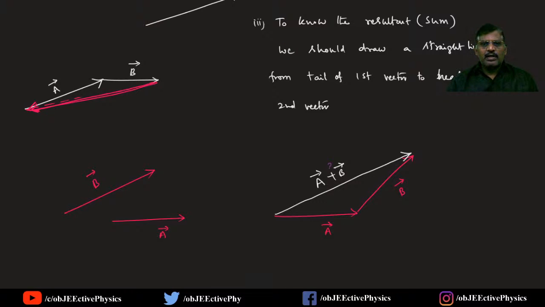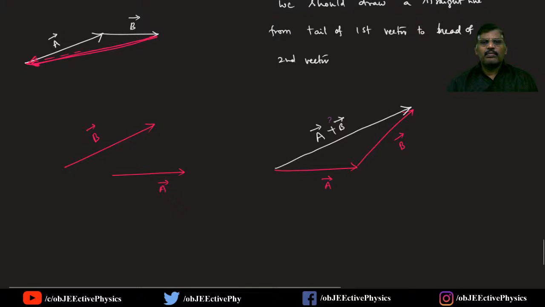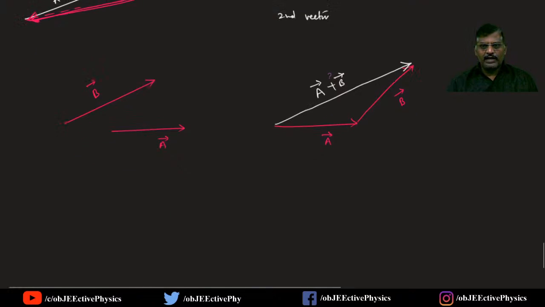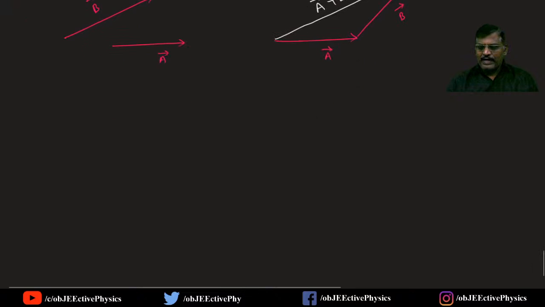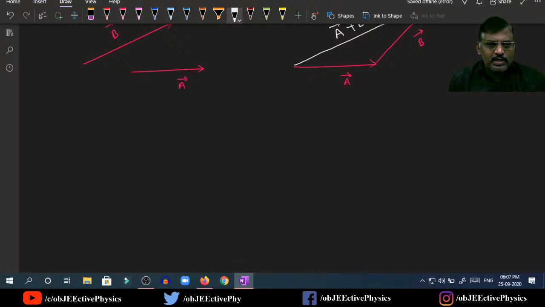Now I am going to explain the laws of vector addition. Usually in the previous video we discussed the scalar definition as well as the vector definition. The first topic is laws of vector addition.